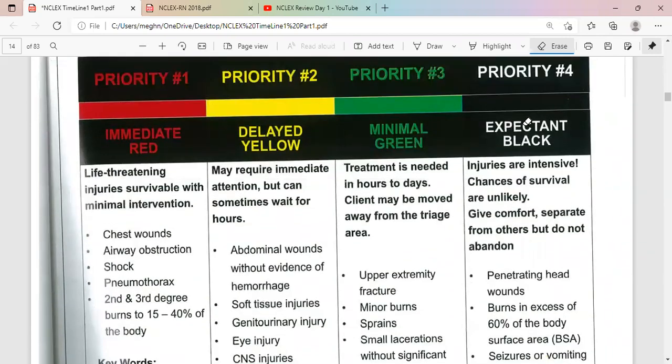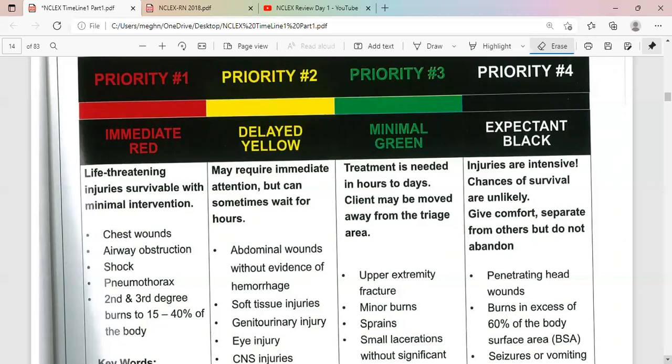Who is expectant or black? So injuries are intensive or chances of survival are unlikely. Give the comfort, separate from others, but do not abandon. So who is expected to die, or priority four, or black?